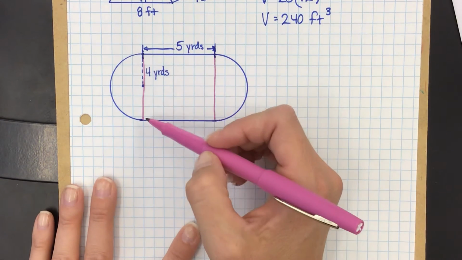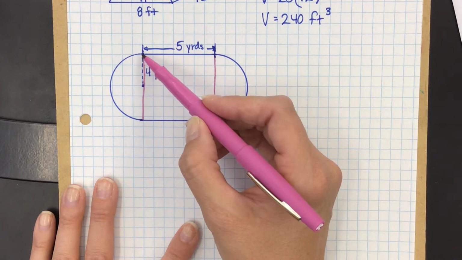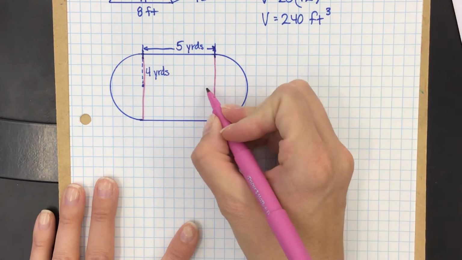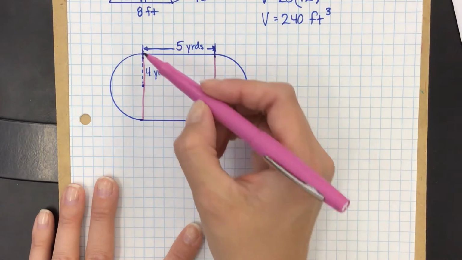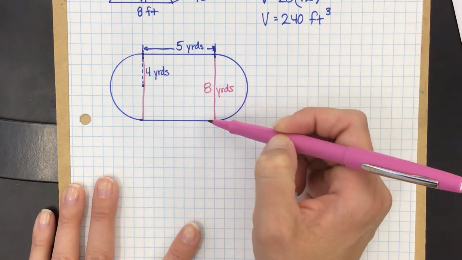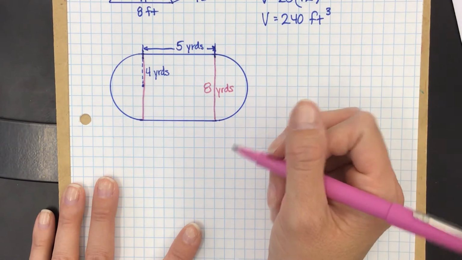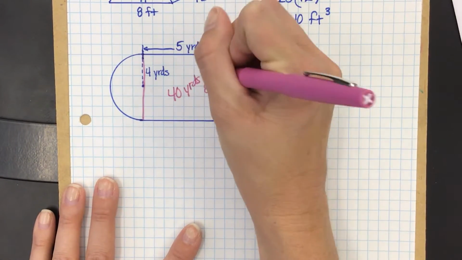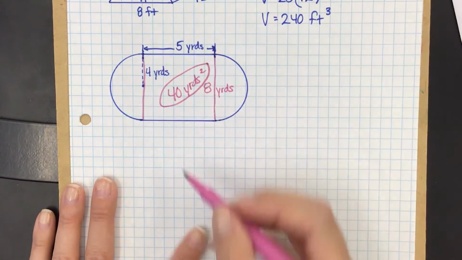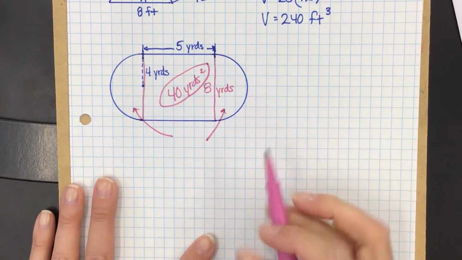Now for this rectangle, the radius here is 4, which means that the whole length across is going to be 8 yards, okay? So that means my rectangle is 5 by 8, so what's the area of my rectangle? Sorry, I said triangle. 40, okay? So this is 40 yards squared. Now I want to find the area of this circle.